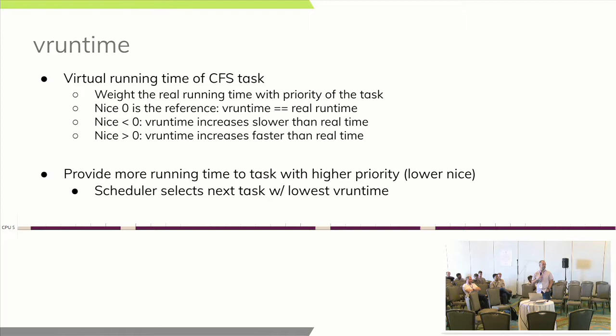If your nice is below 0, so negative, your vRuntime will increase slower than reality, which means that you will run more time on the CPU before your vRuntime reaches the same level as a task with a positive nice priority.